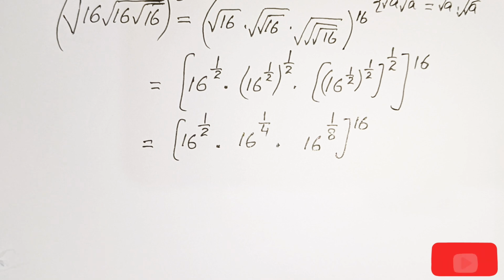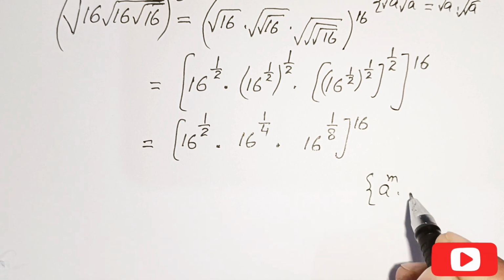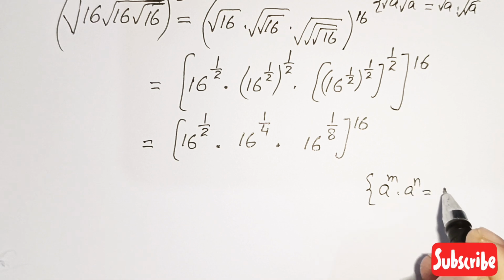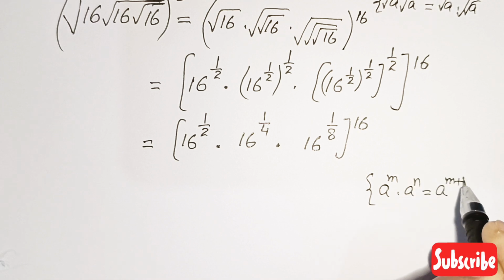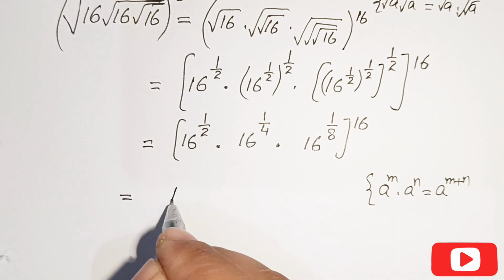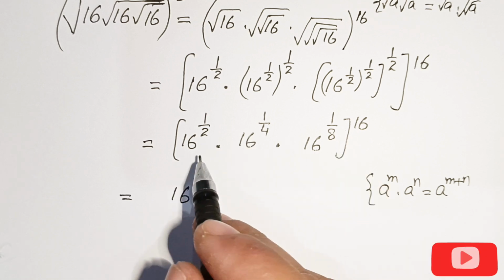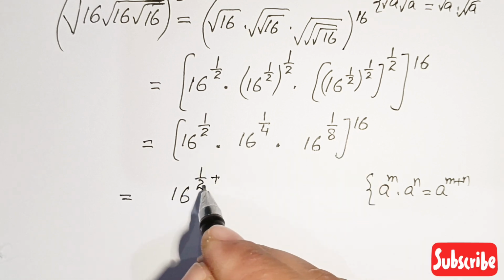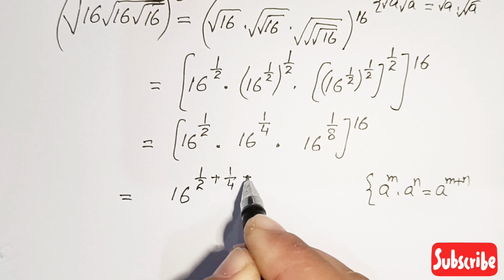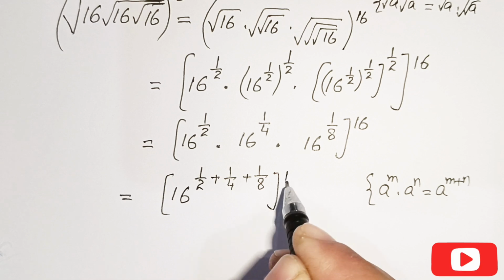Now if we have a to the power m times a to the power n, it is equal to a to the power m plus n. So here we have 16 to the power 1 over 2, adding these exponents because the bases are the same, so we have 1 over 2 plus 1 over 4 plus 1 over 8, whole to the power 16.